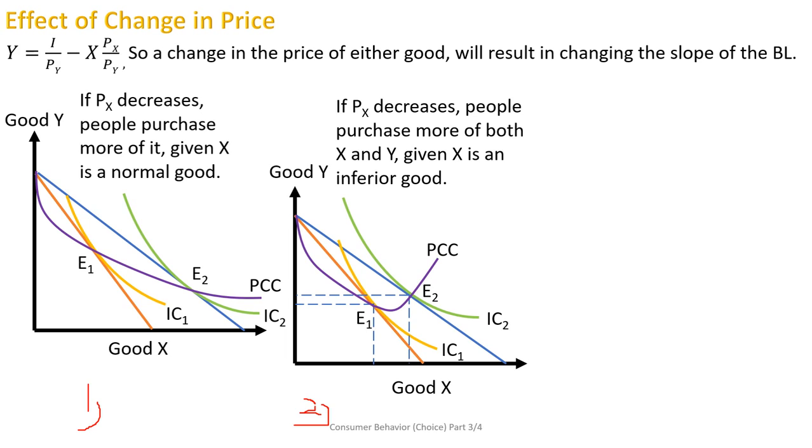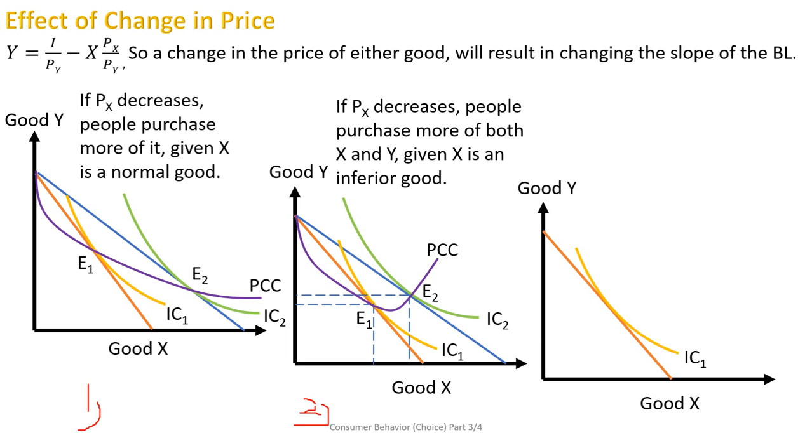Students, for the Giffen goods, in fact, with an increase in the price, their quantity demanded increases, and with a decrease in the price, their quantity demanded also decreases.